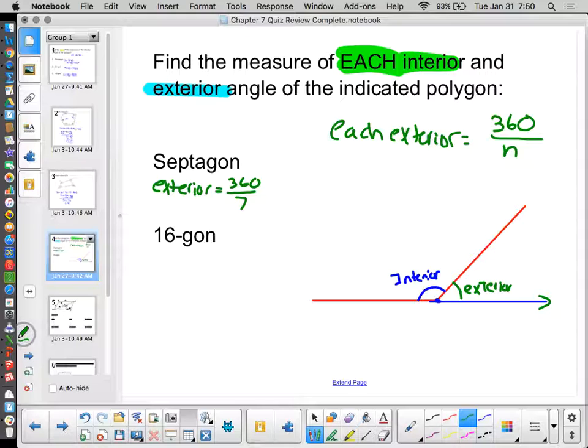Septagon is 7. Think sept. September, October, November, December, 7, 8, 9, 10. Now, yeah, they are not months 9, 10, 11, and 12 in our calendar because they were originally months 7, 8, 9, and 10, but Julius Caesar thought he was pretty awesome, so he created a month and named it after himself in the middle of summer, hence the month July.